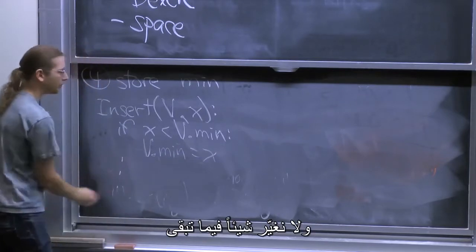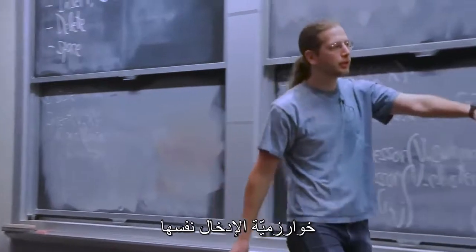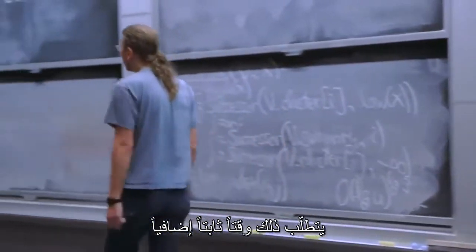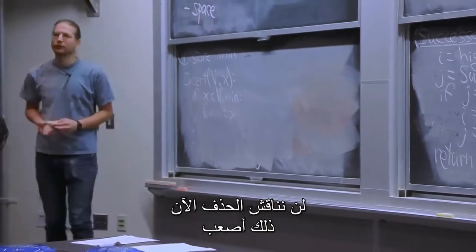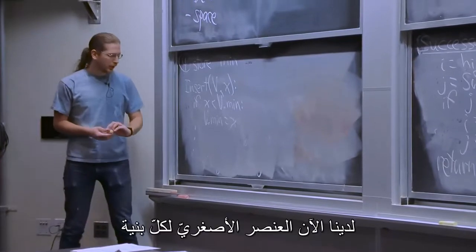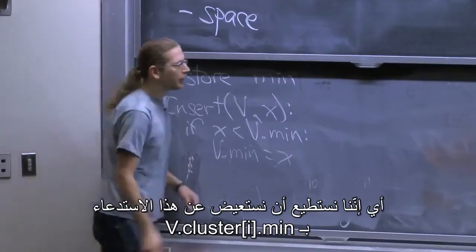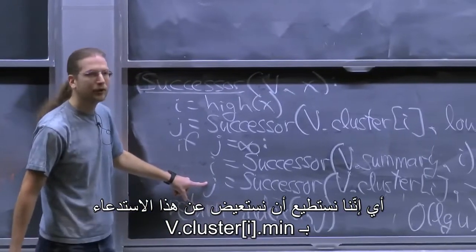And then the rest is the same insertion algorithm as over here. These 2 recursive calls. I just spent constant additional time, and now every structure knows its minimum. Again, ignore delete for now. That's trickier. Now every structure knows its minimum, which means we can replace this call with just v.cluster[i].min.